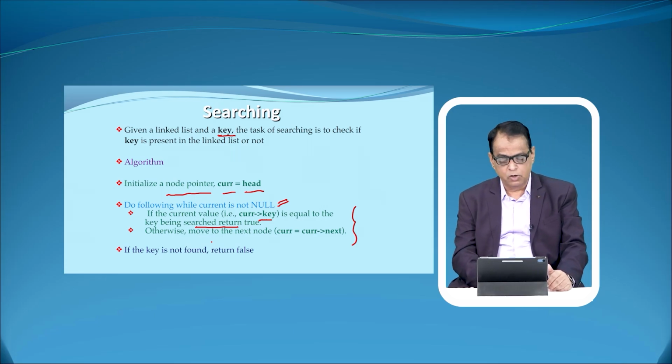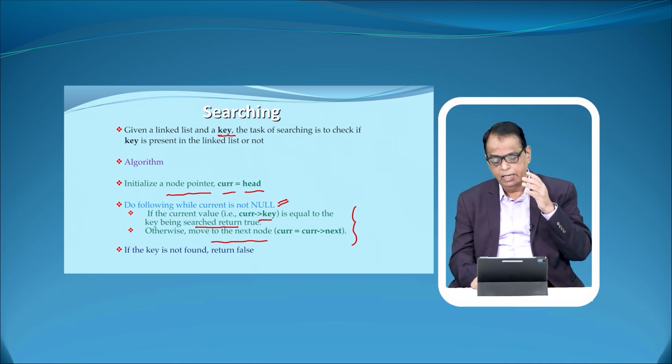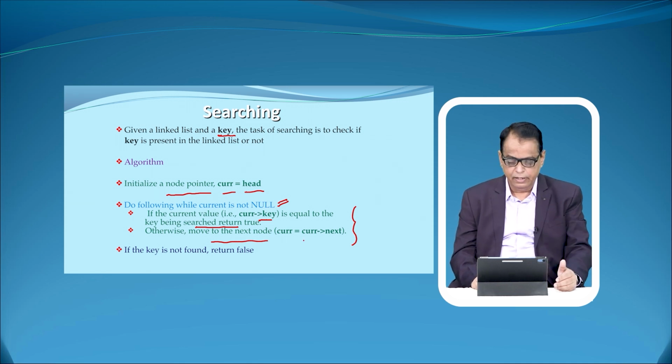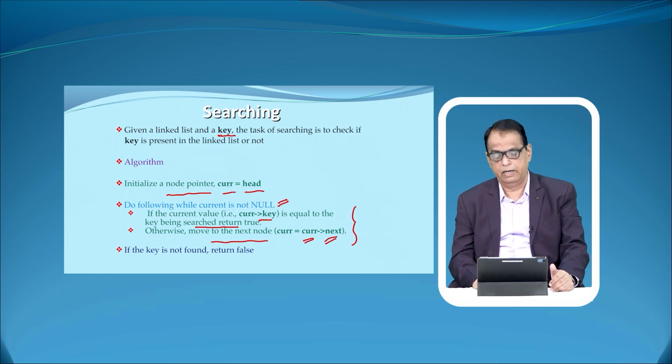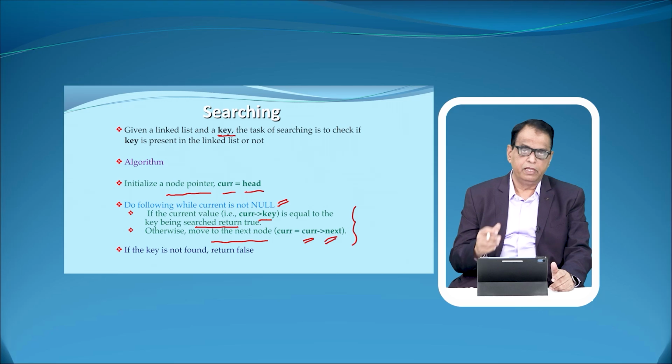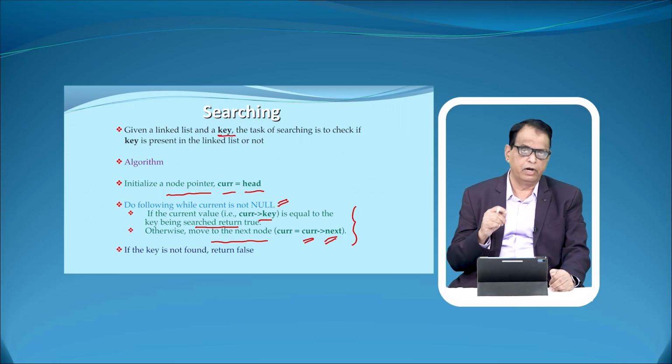And if it does not, then we will point to the next element, by making current equal to the next element. So in this way, we repeatedly go on visiting each and every element of the linked list in order to search whether a particular element is present in the linked list or not.